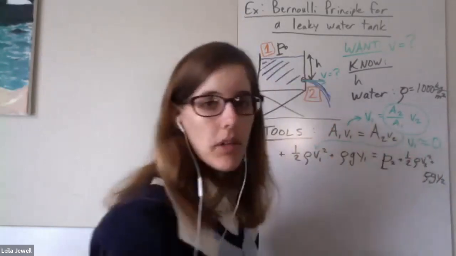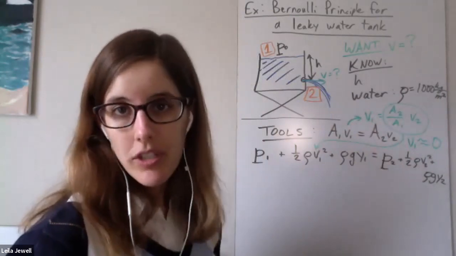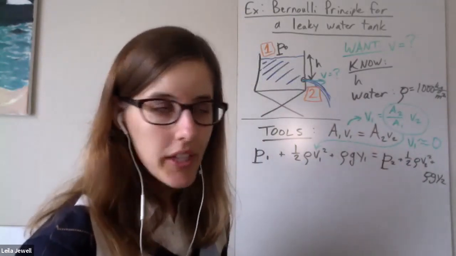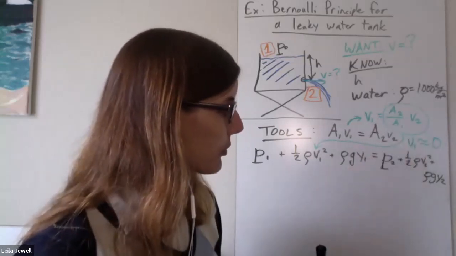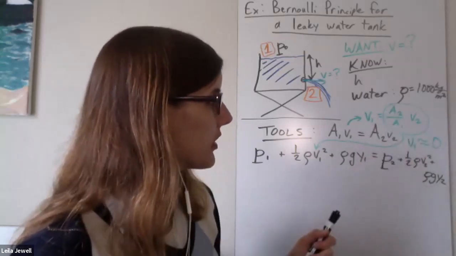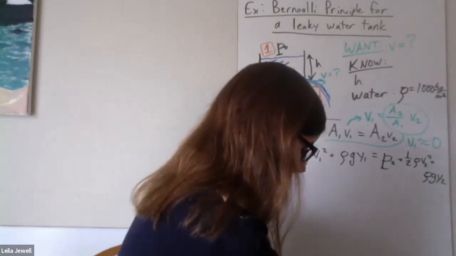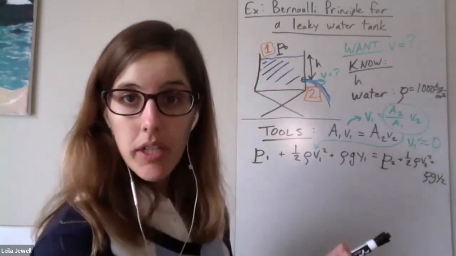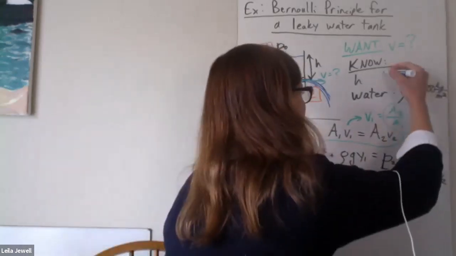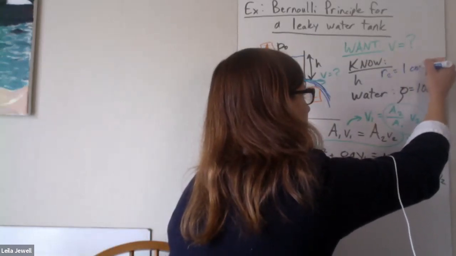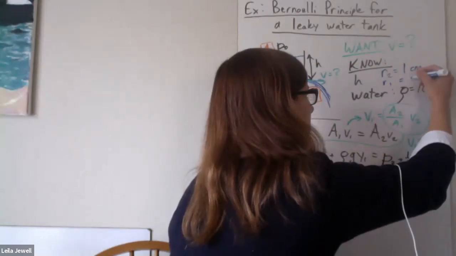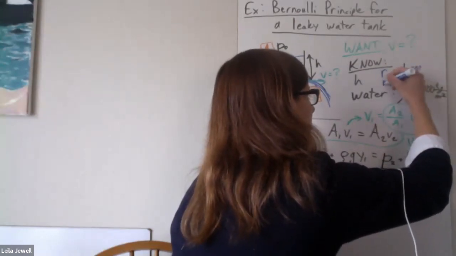You won't be doing this on most of the homework problems. They will just give you numbers, so you don't need to worry about that too much. But if you're at all uncomfortable with it, I encourage you to check it out with those numbers. Like, try out the numbers that we made up, right? R2 is equal to 1 centimeter, R1 is equal to 1 meter.